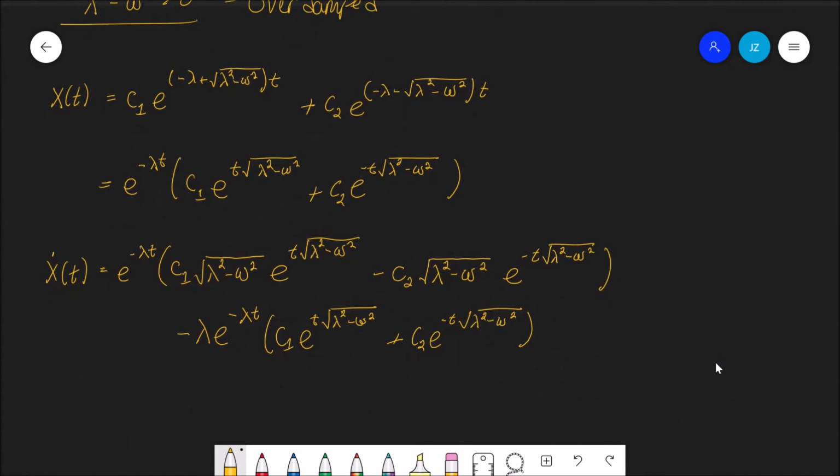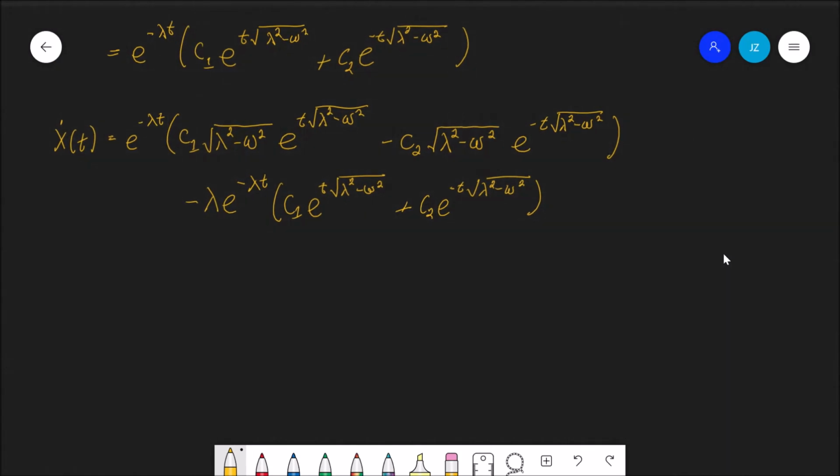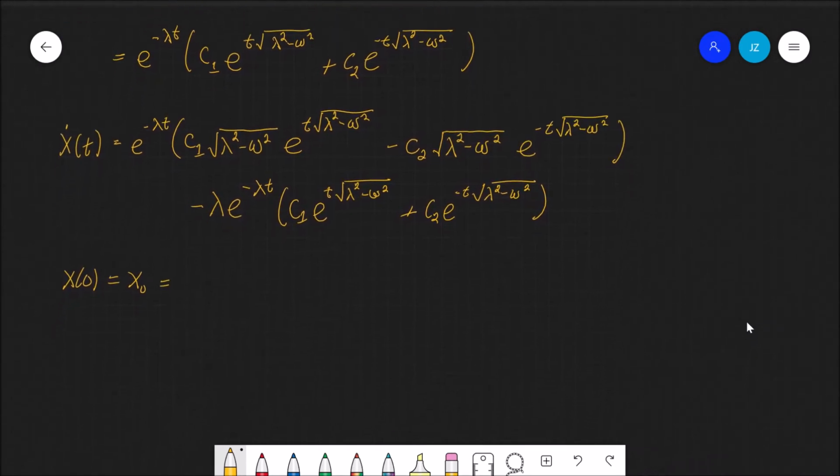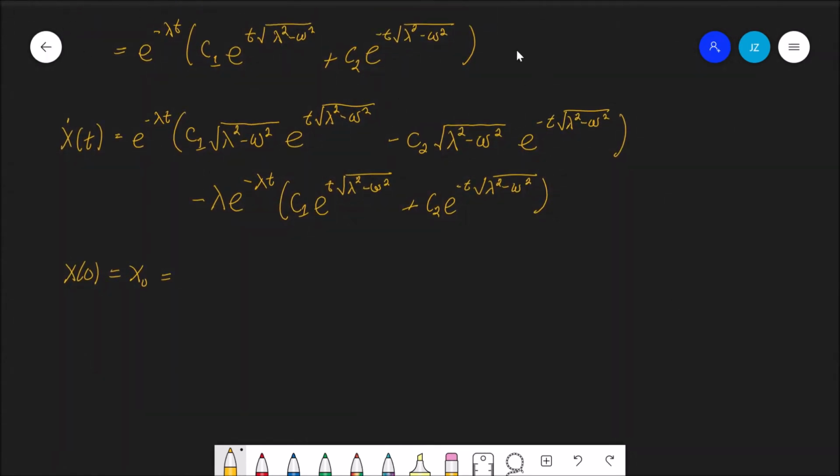So x of 0 is our initial displacement, x naught. So we're going to plug everything in here: e to the 0 times C1 e to the 0 plus C2 e to the 0. So we get C1 plus C2.